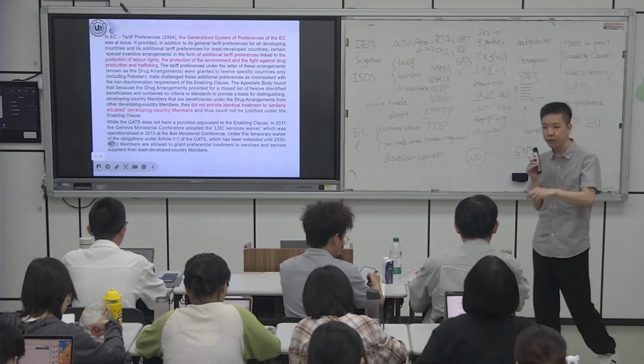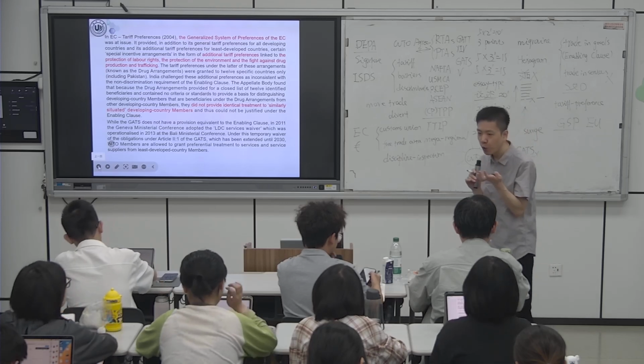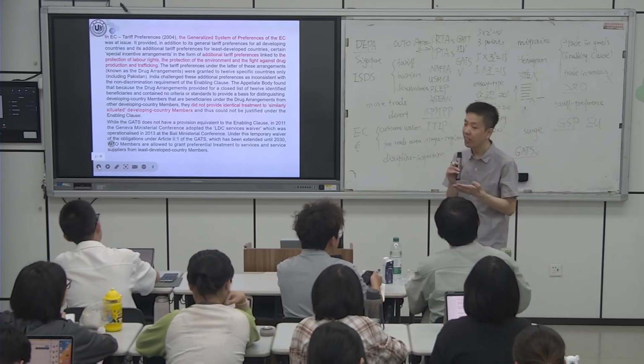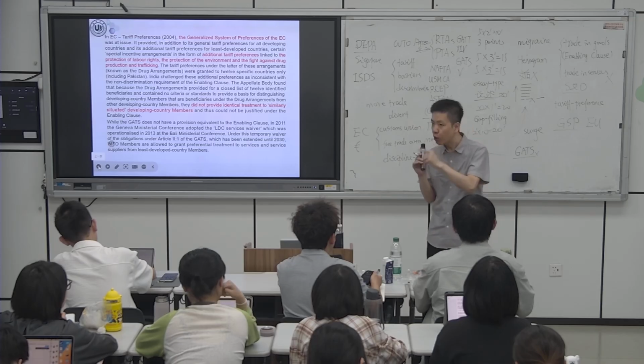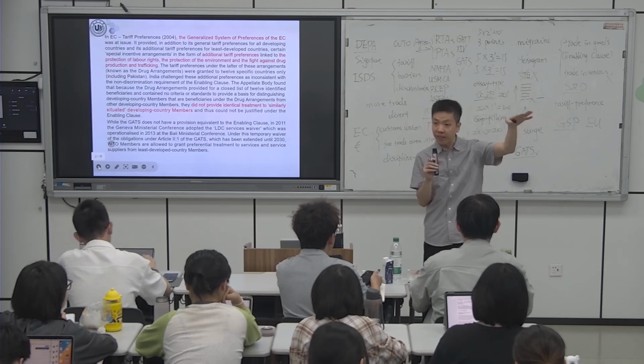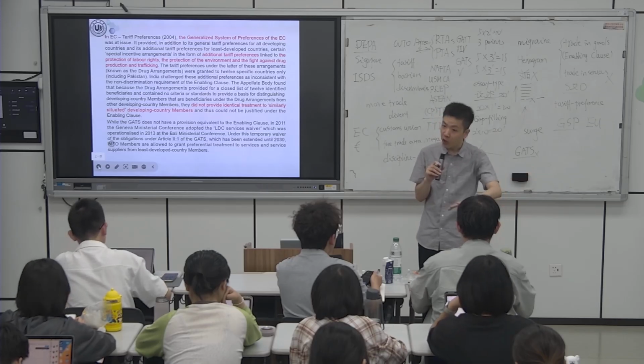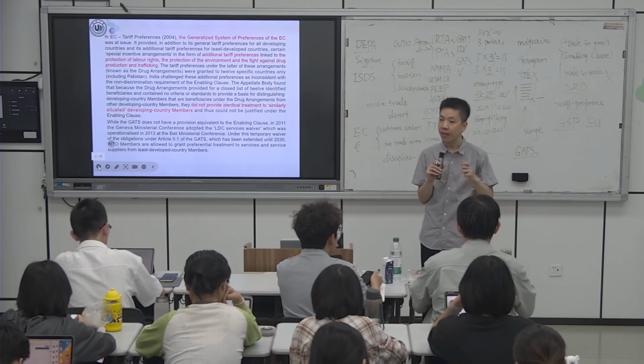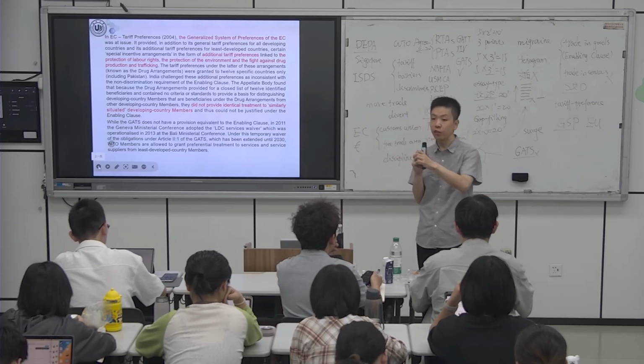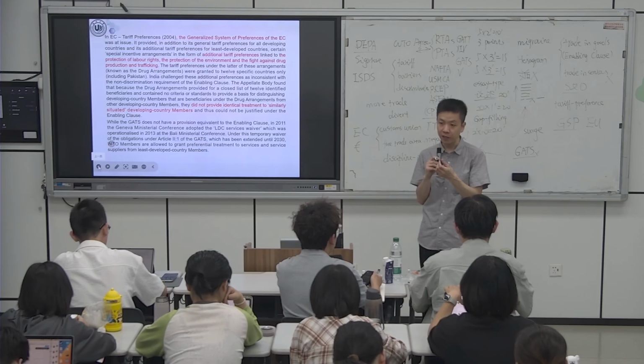If you are an exporting company in China, you want to export a product to EU, then the tariff rates will be lower than the ordinary ones, than the rates offered to developed countries, to Japan, for example. They're different.